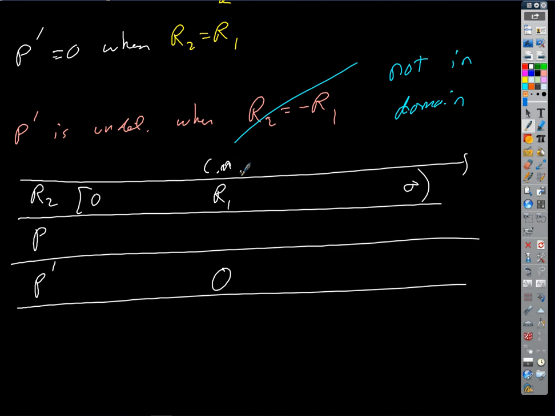And then if we just pick some test points, what would our test points be here? What's a test point on our domain? 0. 0's included, right? So that's a good test point. What's a test point bigger than R1?